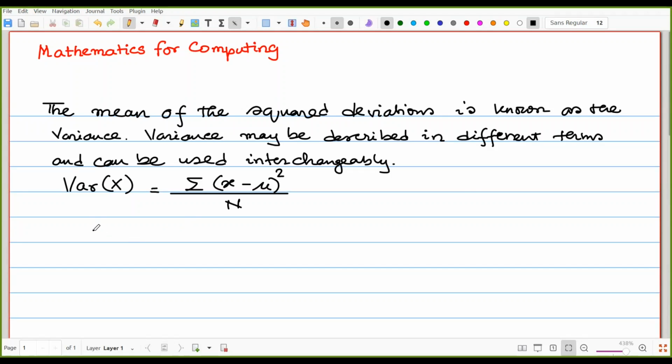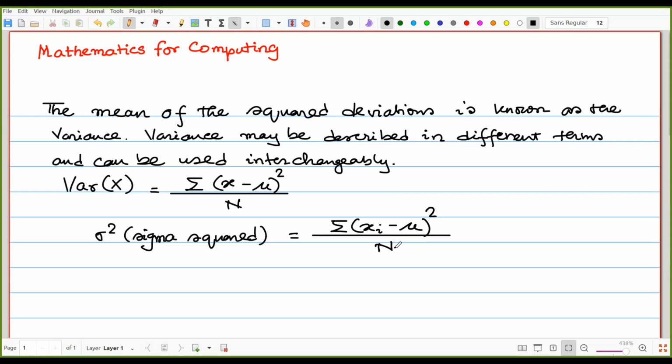That is also written as sigma squared. Moreover, it is also called sigma squared, that is the same: summation of xi minus mu whole square by capital N.